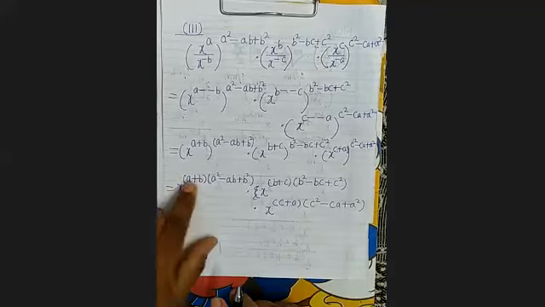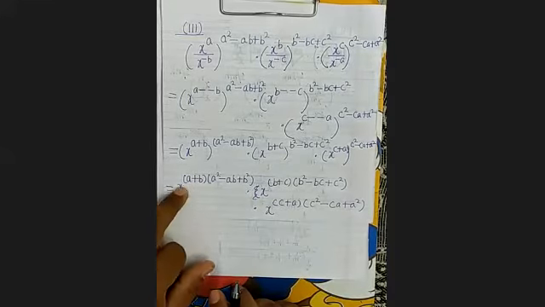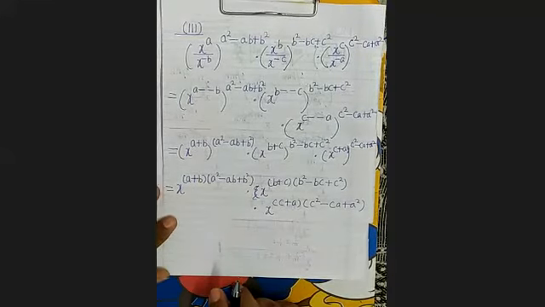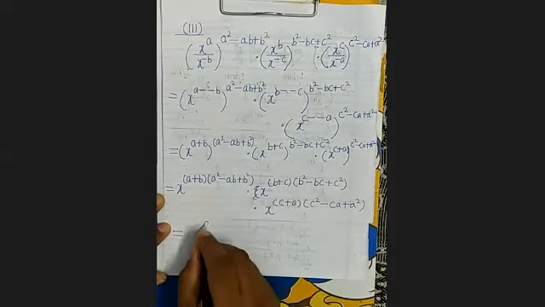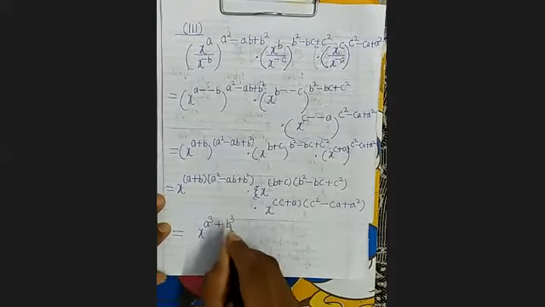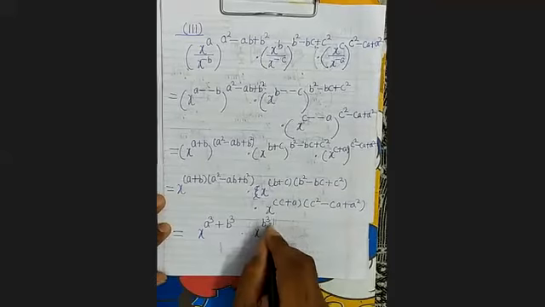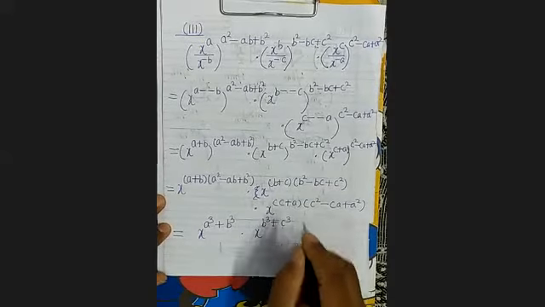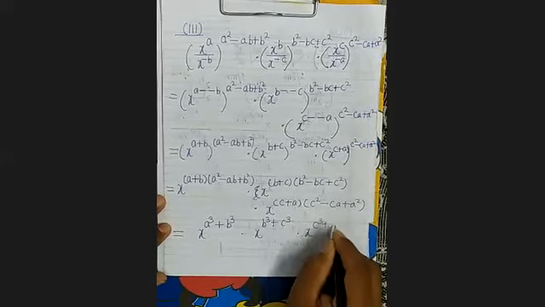Now you can see here, this is equal to what? So it is a cube plus b cube. You know these are the special products. So it will be x to the power a cube plus b cube. Here x to the power b cube plus c cube, and this is x to the power c cube plus a cube.